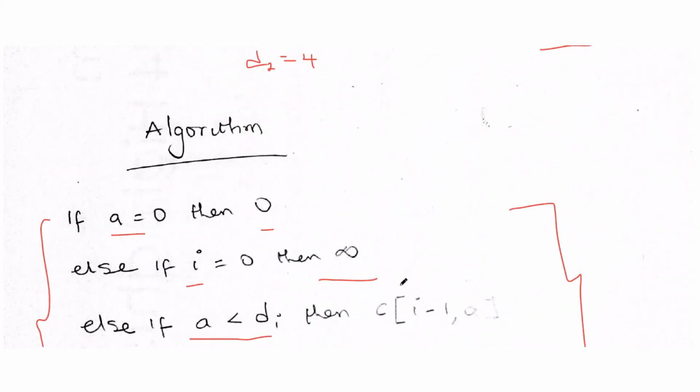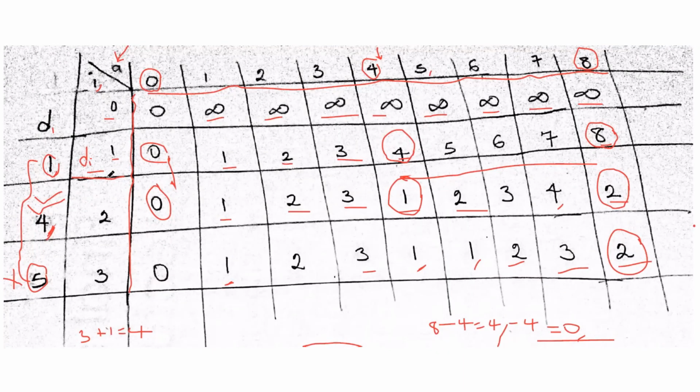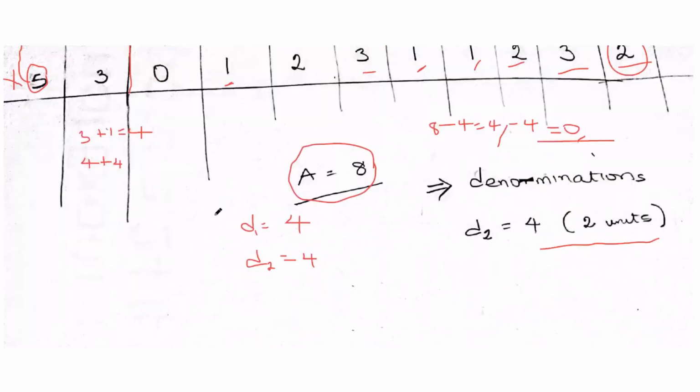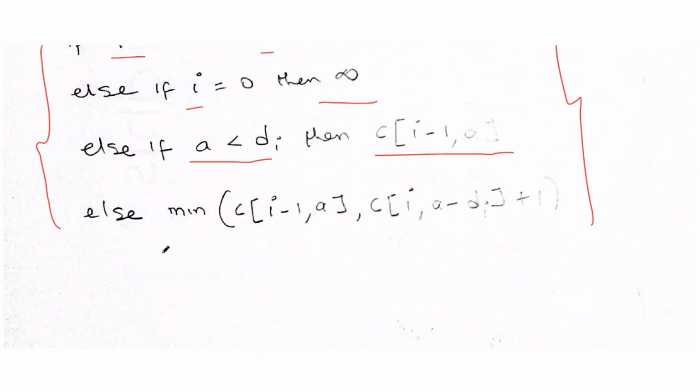What this means is that C is the entry in the table. This is our i. So i minus 1 means you take what is in the previous row in the same column. That will be the entry. Else, if the amount is equal to or greater than the denomination, you take the minimum of the previous row, or you take that particular row plus 1.